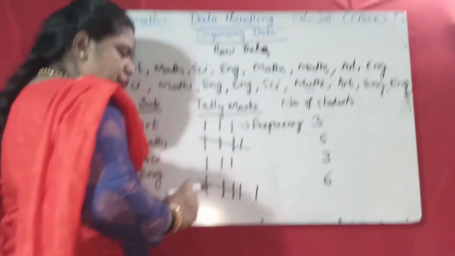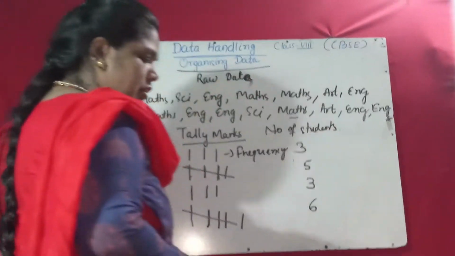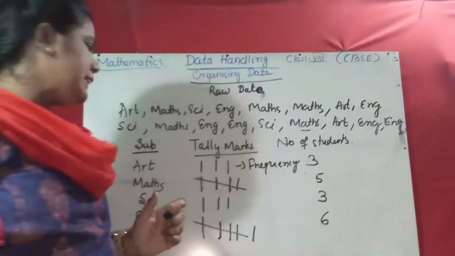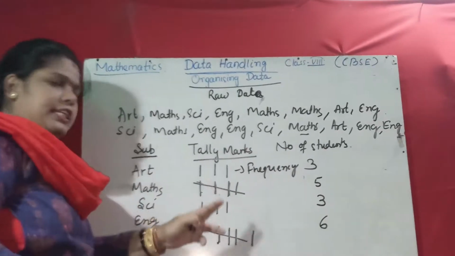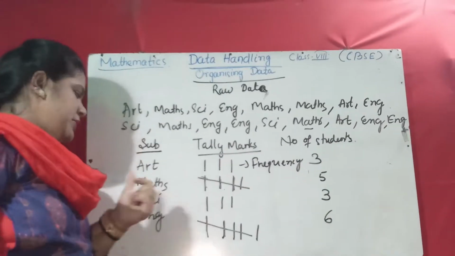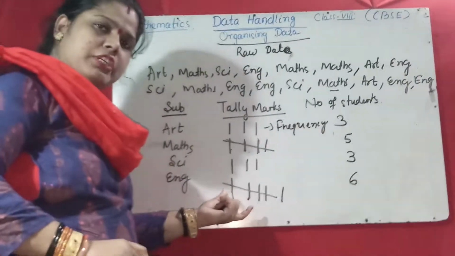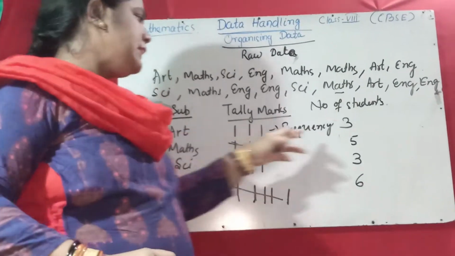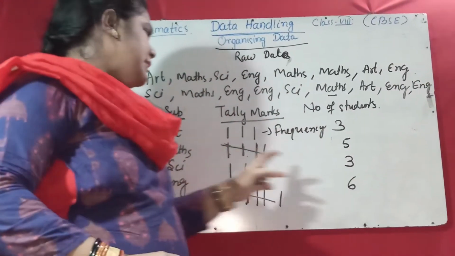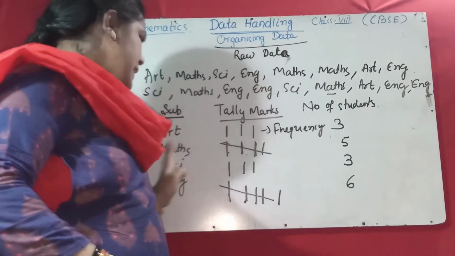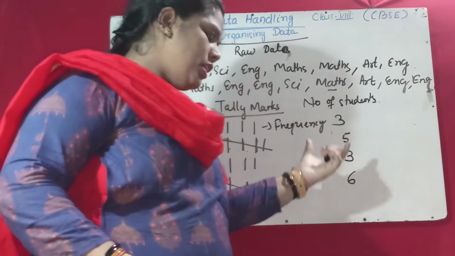Frequency gives the number of times of a particular entry. Art is 3 times, math is 5 times, science is 3 times. So the frequency of art is 3, the frequency of math is 5, the frequency of science is 3. This is called frequency.